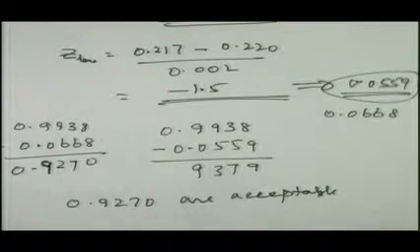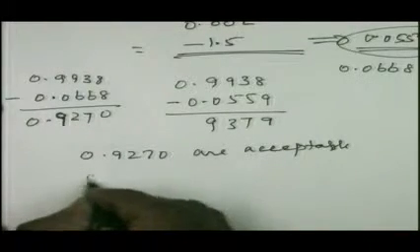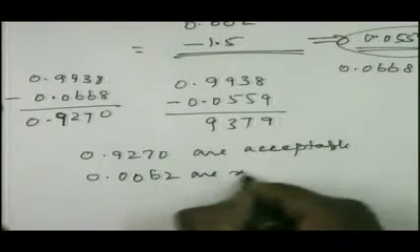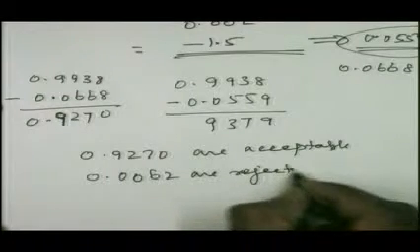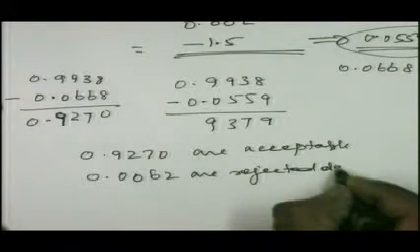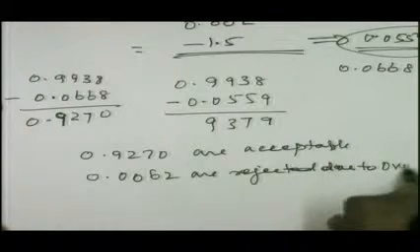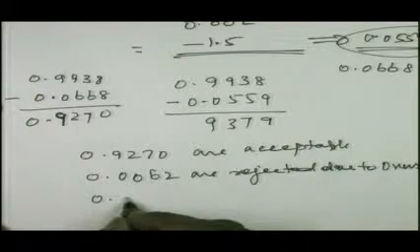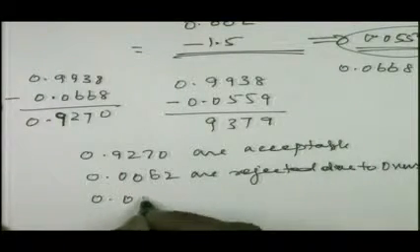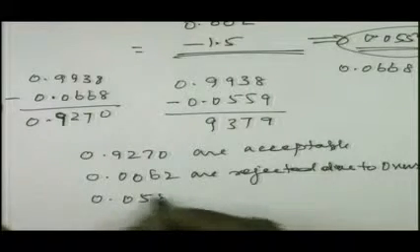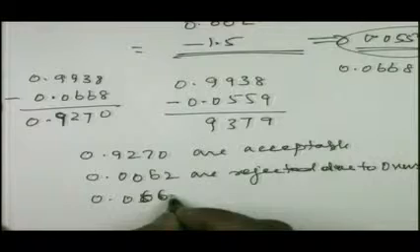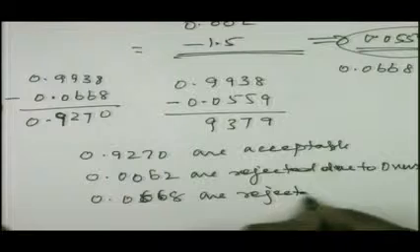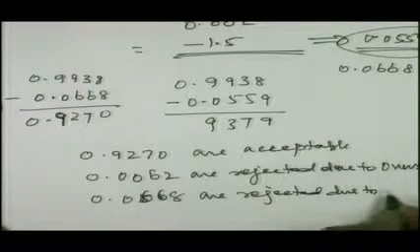Let me give you a little bit more, so let's continue on this one. 0.0062 are rejected due to oversize. 0.0668 are rejected due to undersize.